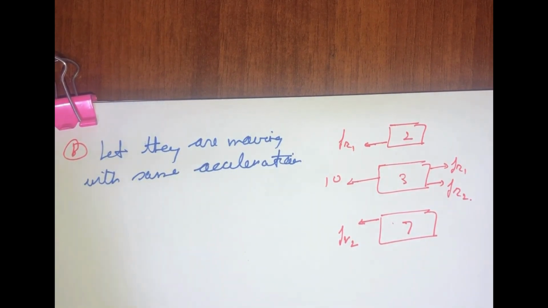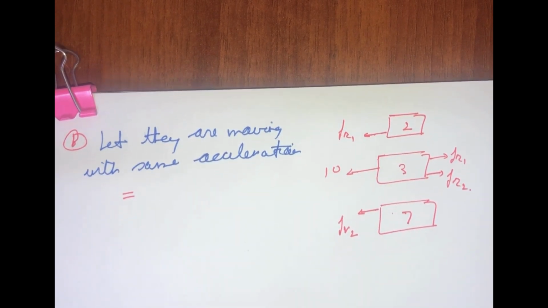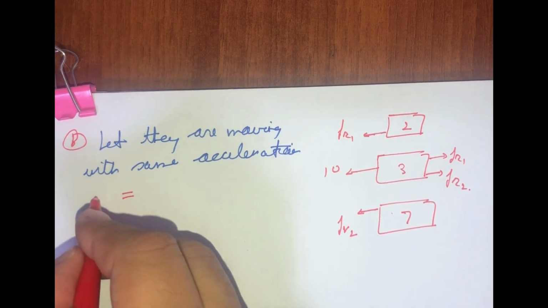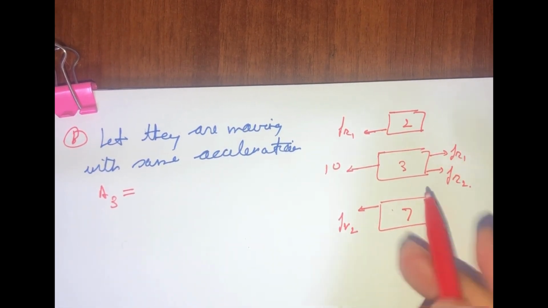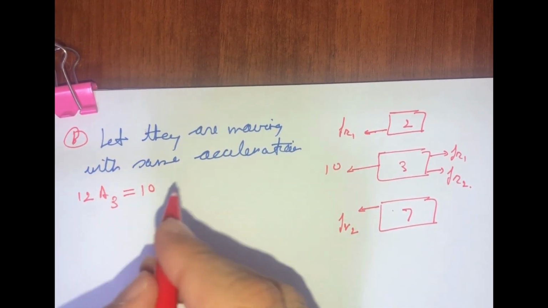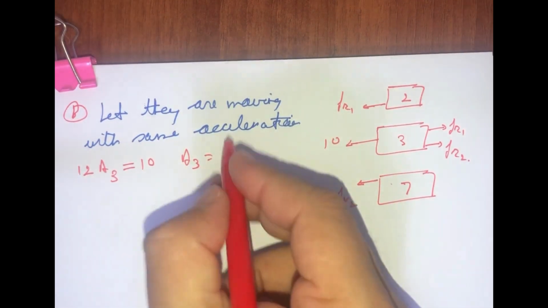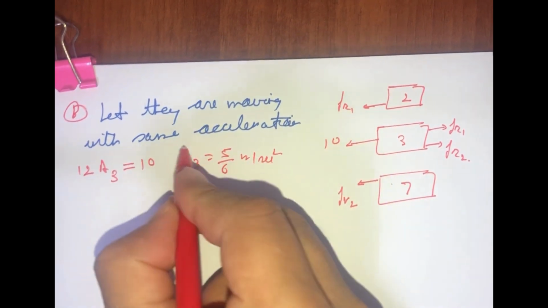Let us call this acceleration A3. So A3 into, we have a weight of 12 and the force is 10. So we have A3 is equal to 5/6 meter per second square.